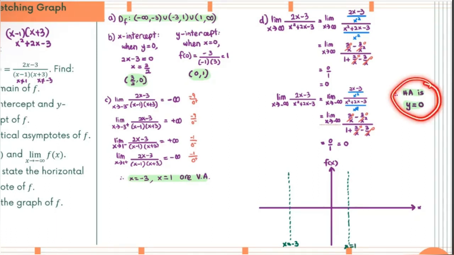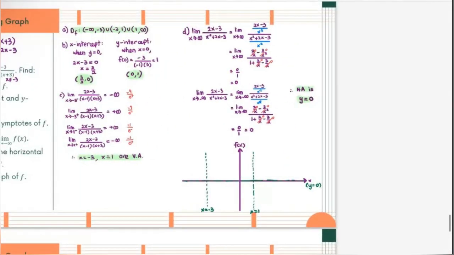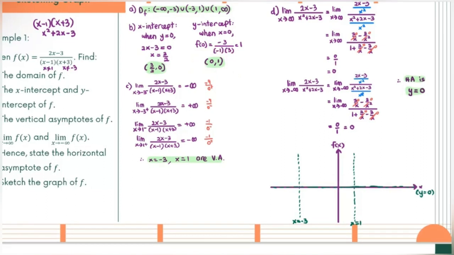And for horizontal asymptote, I have y equals to 0. So line inilah. Okay, seterusnya, let's check the function here. Oh, sebelum itu kita ada x-intercept adalah dekat 3/2, so dekat sini. Dan y-intercept dekat 0, 1. So when x equals to 0, y kita sama dengan 1.